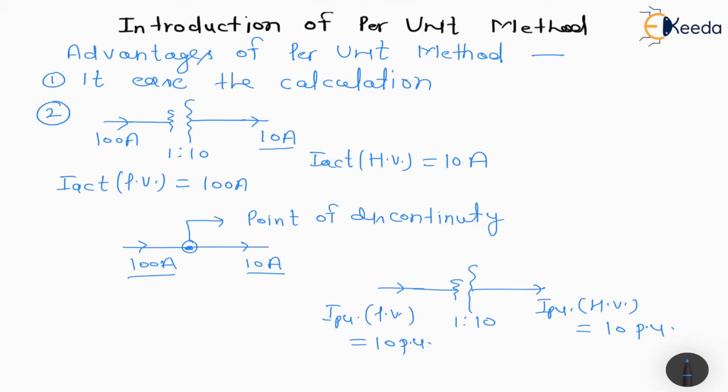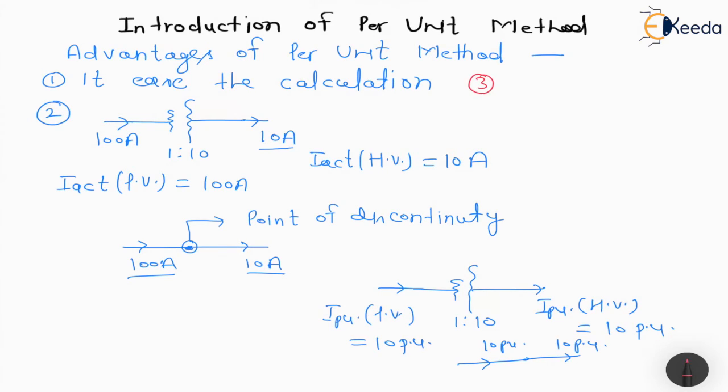And when we draw the circuit, it will not be a discontinuous point; here it will be 10 PU and here it is 10 PU. So when we solve questions based on fault or the per unit method, it is easy to handle. So what is the per unit method basically doing? The per unit method removes the discontinuity problem imposed by the transformer.